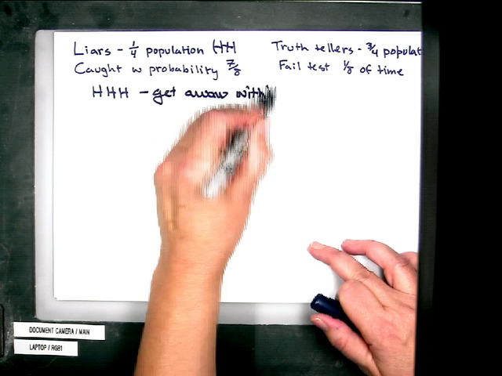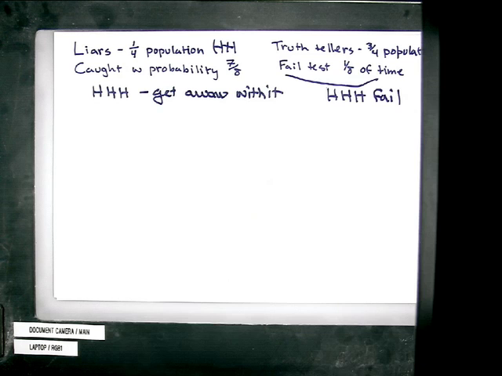Now, those of you telling the truth, the lie detector test usually passes you, but it sometimes screws up. So if you get a head, head, head, you fail the test. Now flip the coin 3 times in a row. If you get a head, head, head and you're a truth teller, you've just failed the test.